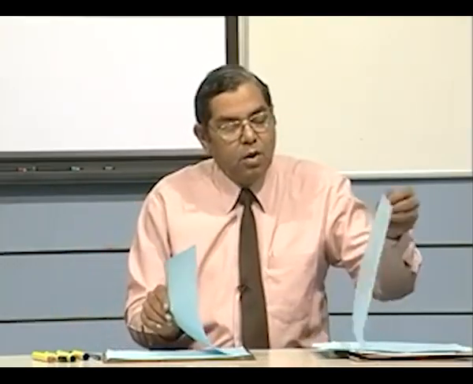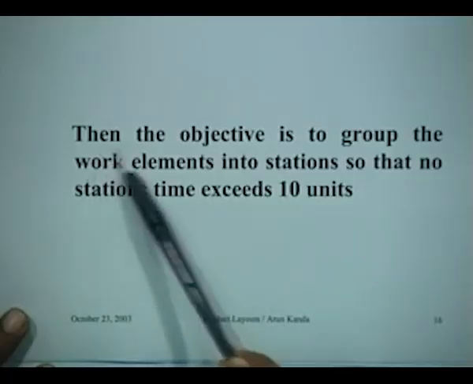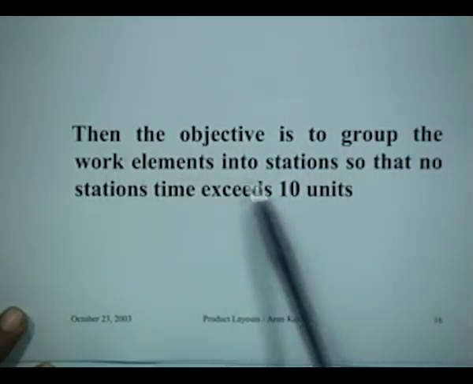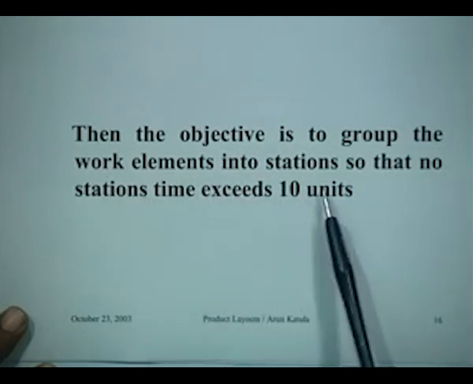Let's now try to design the line for us. What's the objective? Our objective is to group the work elements into stations so that no station time exceeds 10 units.